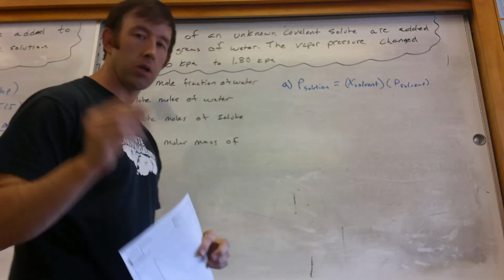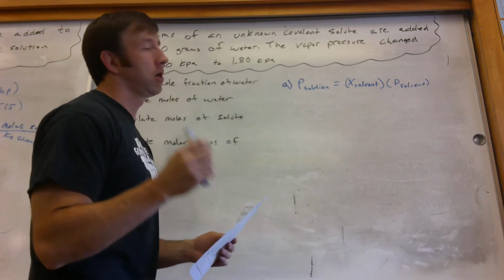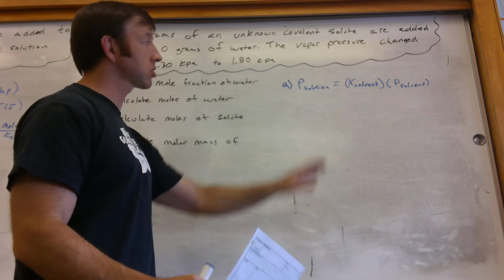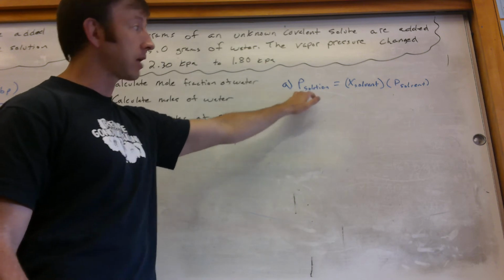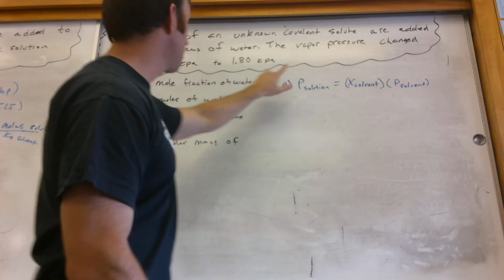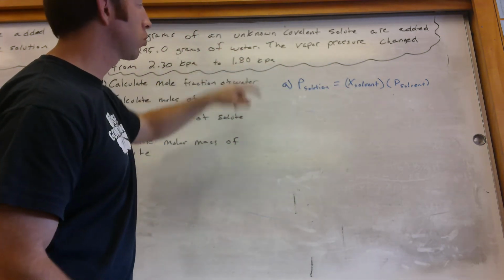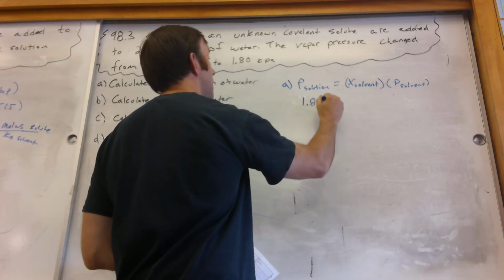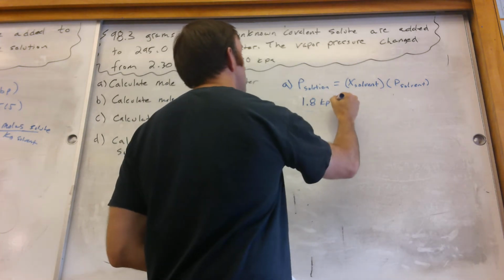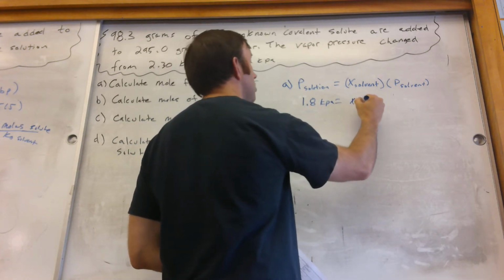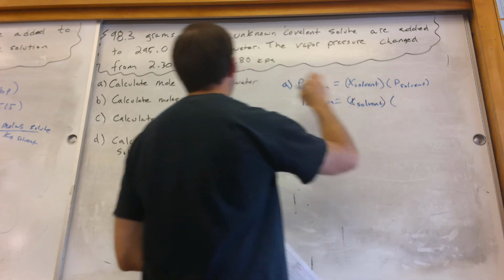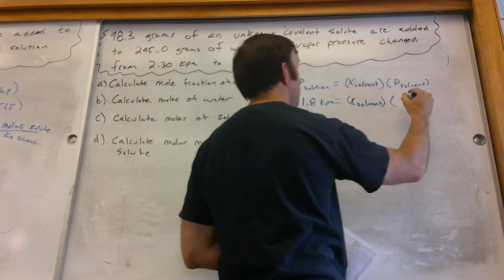As you all have memorized, when you add a solute, the pressure goes down. So the pressure of the solution will always be less than the pressure of the solvent. I'm going to pick my lesser value from up here, which is 1.8. So this is 1.8 kPa equals X solvent, my unknown value at this point, times 2.30 kPa.